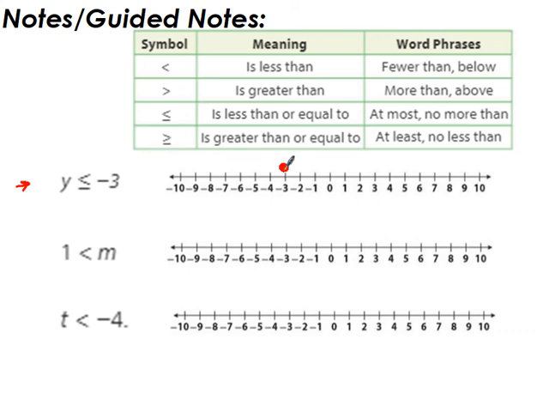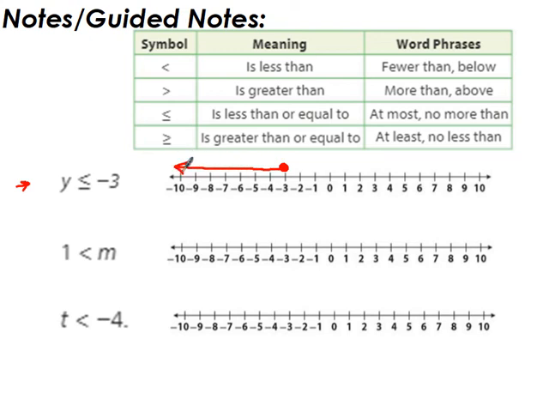Y is less than or equal to -3. That means all the possible values for y are every single number that's less than or smaller than -3. If I'm looking at a number line and I go to the right, all these values are bigger than -3. So everything to the left over here is less than -3. So I'm going to draw a line with an arrow right above my number line that represents all the possibilities for y.